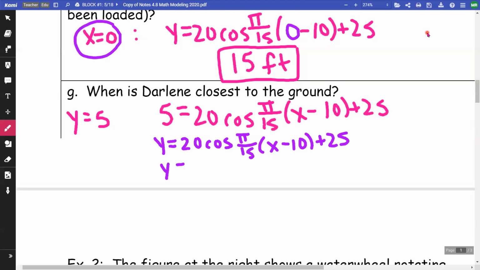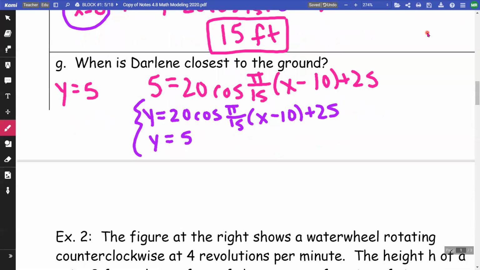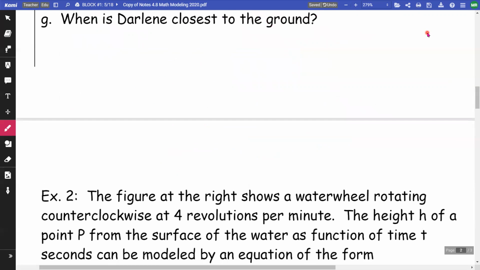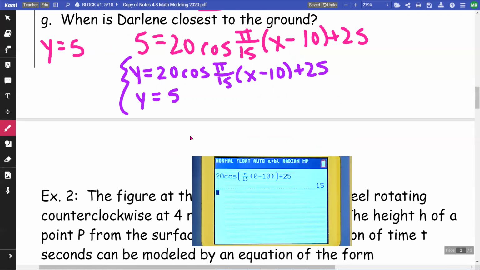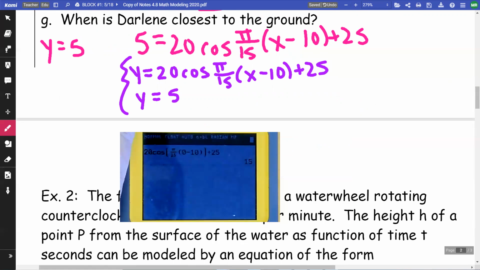And I'm also going to enter in y equal 5. I'm going to enter in both of these and see where they cross. I'll do that first on my graphing calculator, then I'll show on Desmos. It's actually easier on Desmos, but next year you're going to need to know how to do it also on a graphing calculator, because we won't always be able to use Desmos on tests.